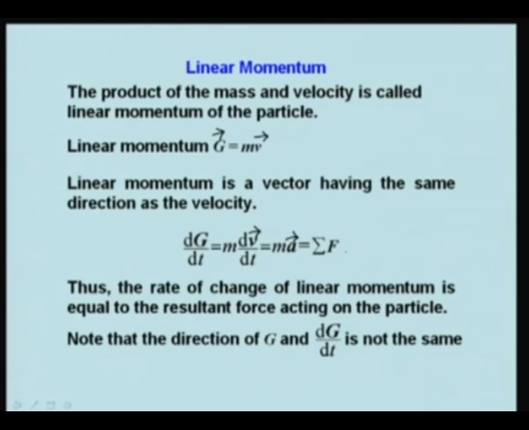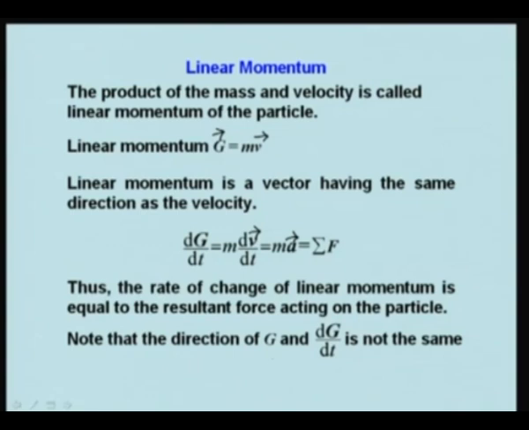Thus, the rate of change of linear momentum is equal to the resultant force acting on the particle. Therefore, Newton's second law can be expressed in this form also: the rate of change of linear momentum is equal to the resultant force acting on the particle.